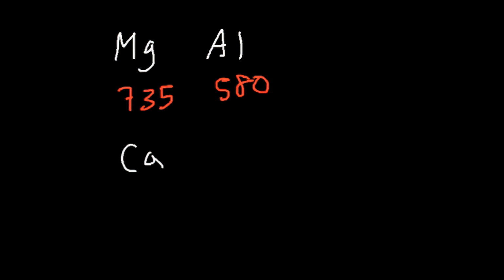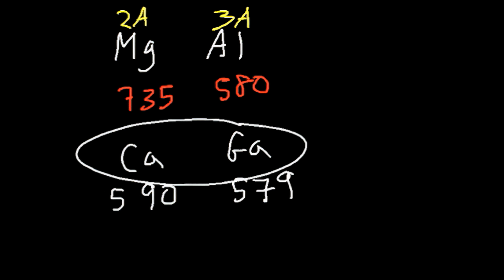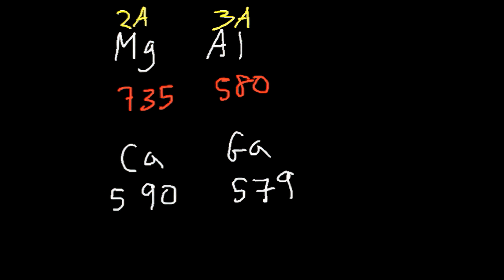And from calcium to gallium, from group 2A to group 3A, it drops from 590 to 579. So the change between these two is not that great, but these are exceptions that you want to be aware of if you're tested on it.